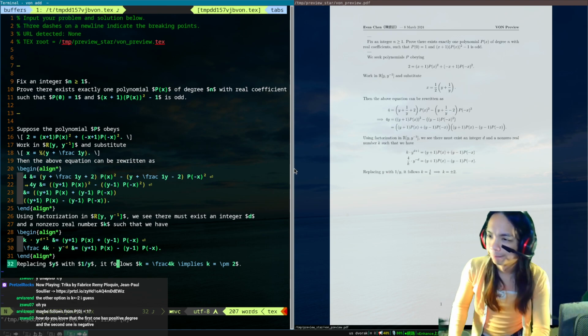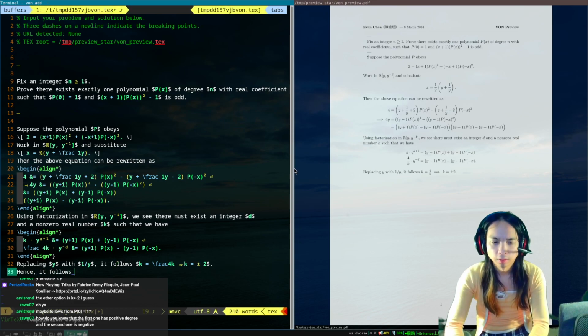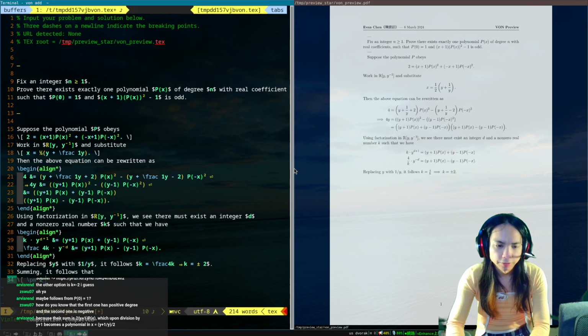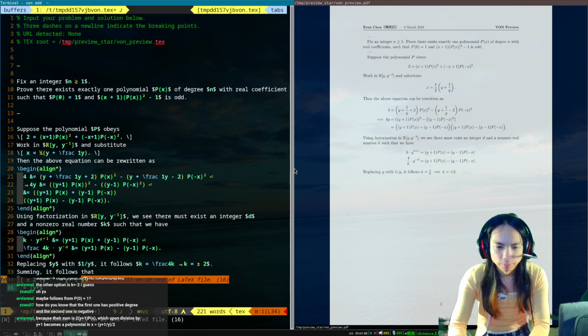Okay. Hence it follows that plus minus 2 y to the d plus 1 plus y to the minus d equals y plus 1.